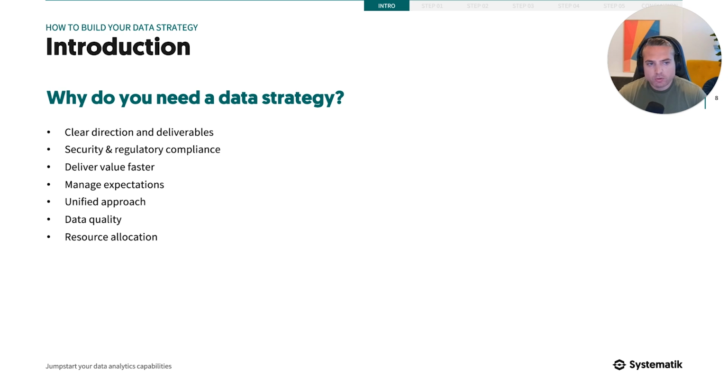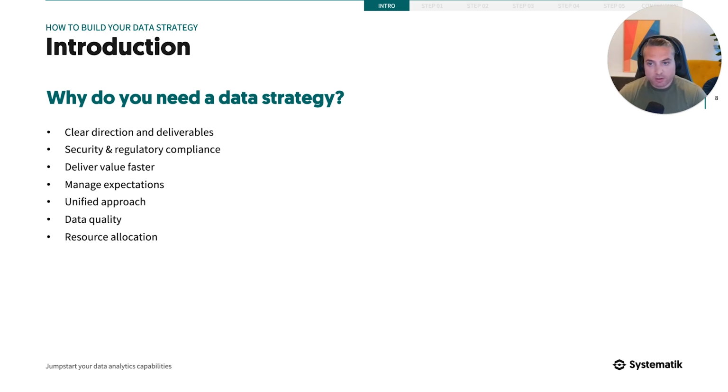How often do we want to refresh this report? How do we make sure that we keep this data accurate over time? Do we have any naming conventions we could use? Do we have any better way to input this data if it's some data that's not system generated? A data strategy will help you figure that out and improve the data quality.